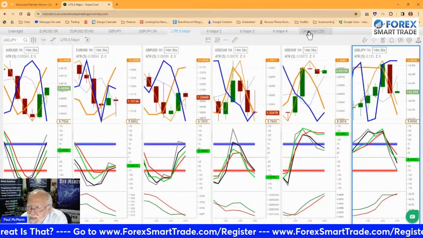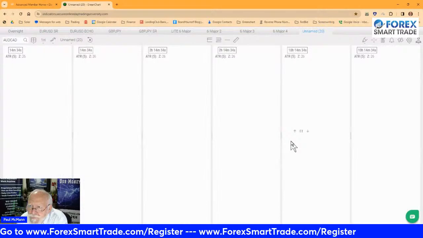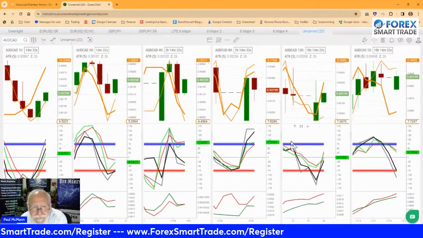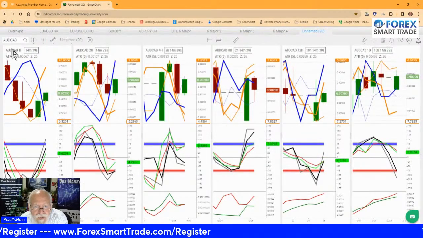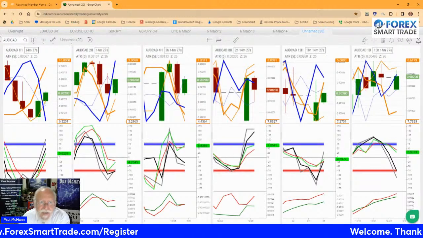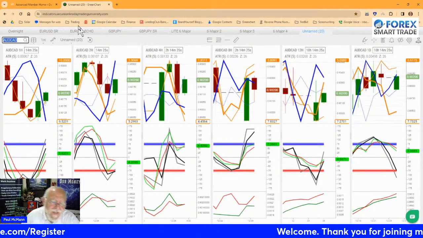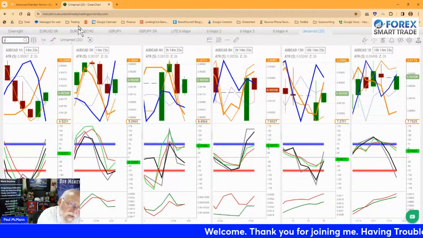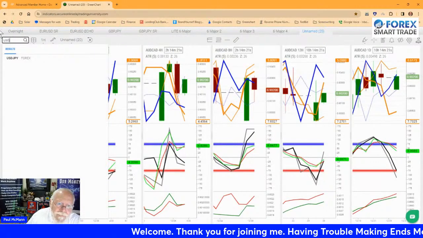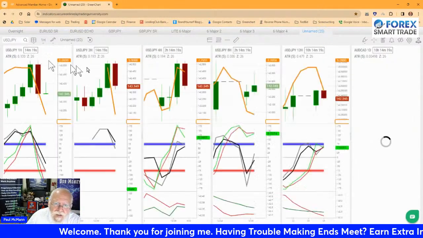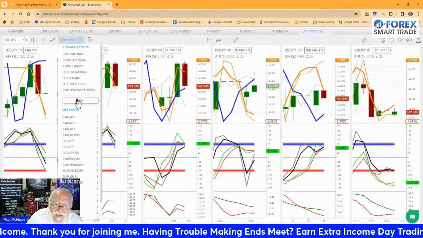And I confirm the setup by going to a full chart. A full chart's going to show me multiple time periods of the same pair. So this was USD JPY. So let's take a look. We're going to save this.